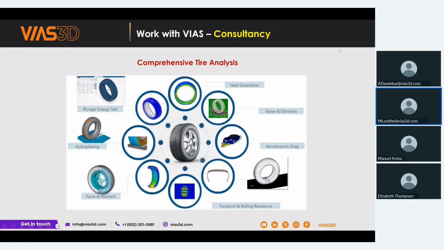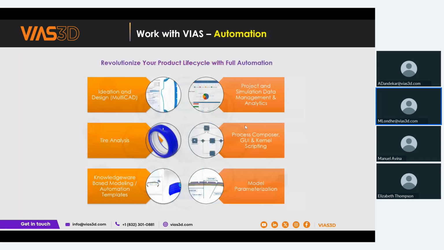You can also work with VIAS in consultancy. VIAS has, as I mentioned, the capability to do complete tire analysis, from hydroplaning, force, moment, footprint, to aerodynamics, drag, noise, and vibrations. Here, VIAS can help on a project basis, whether for short duration or a long-term relationship.